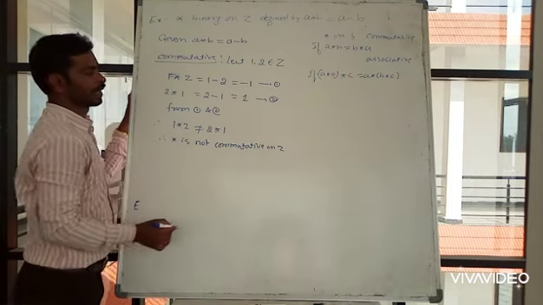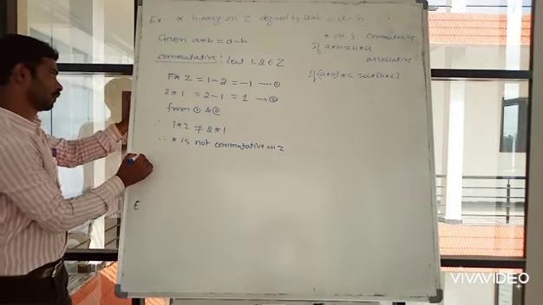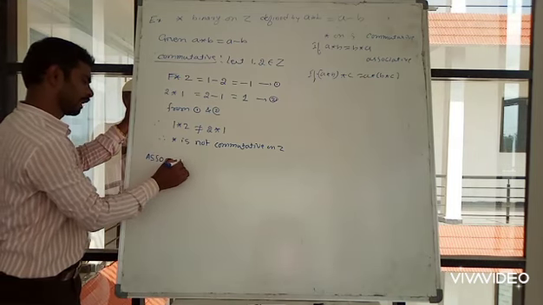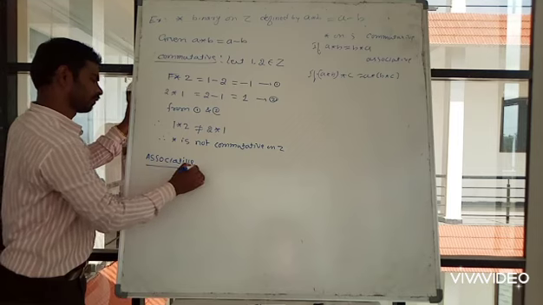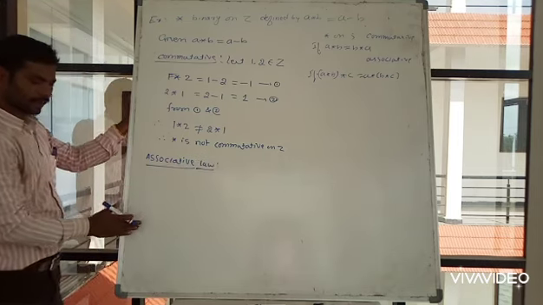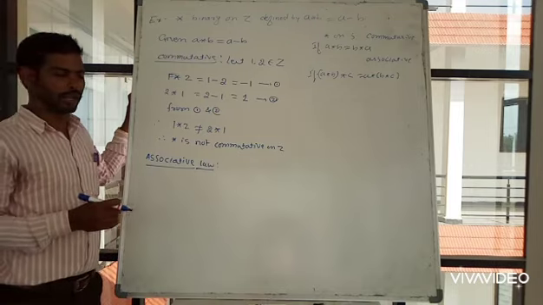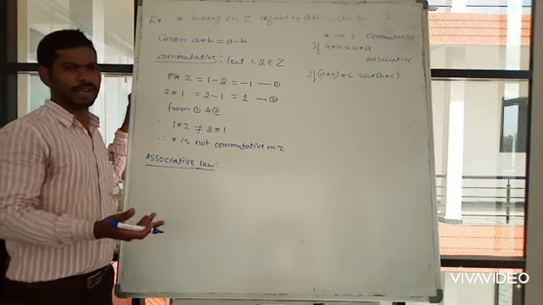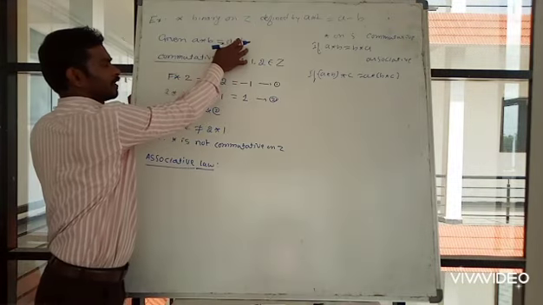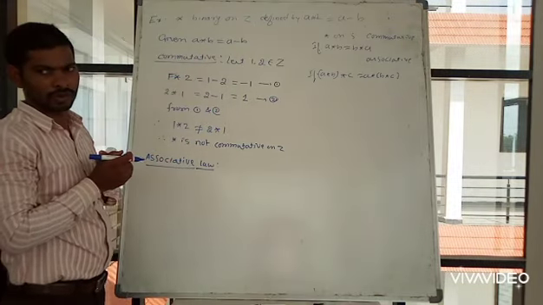That is checked. Next, we go to the associative property, the associative law. For that, first verify generally whether all the elements of the set satisfy this condition or not.